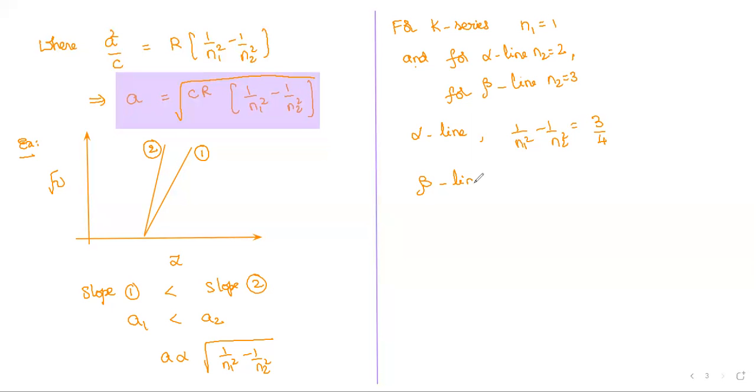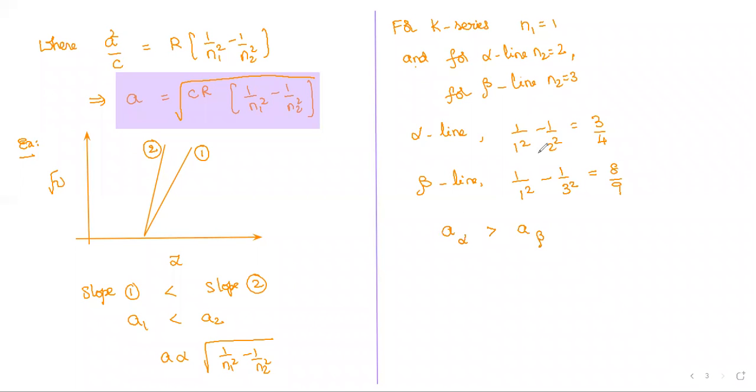Whereas for beta line, 1 by 1 square minus 1 by 3 square, you get 9 minus 1, 8 by 9. So directly I can say a of alpha line is greater than a of beta line.